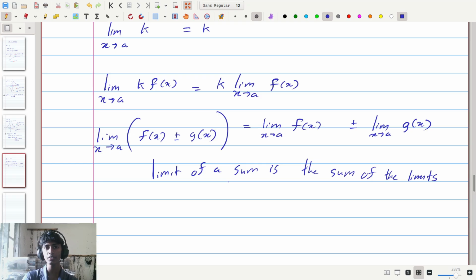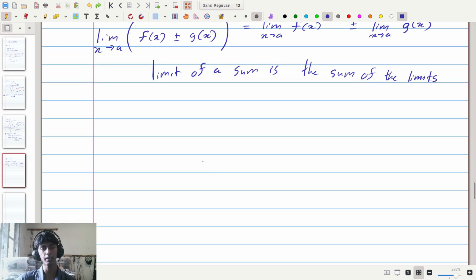If you have the limit of a sum of functions, it is the same as the sum of each of the limits of the functions. Of course, there are certain issues here, like each of these functions needs to exist and have proper limits, because otherwise you would have something undefined in the middle here. This would also be undefined. But let's ignore that and just say that the limit of a sum is the sum of the limits.